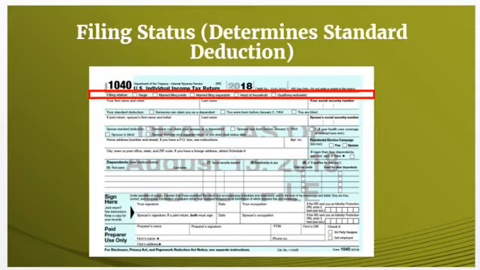Now just above that, there's a thin line that's going to require that we check one of these filing statuses. And another video is going to cover filing status, but filing status is something that is right here. Every taxpayer has a filing status.